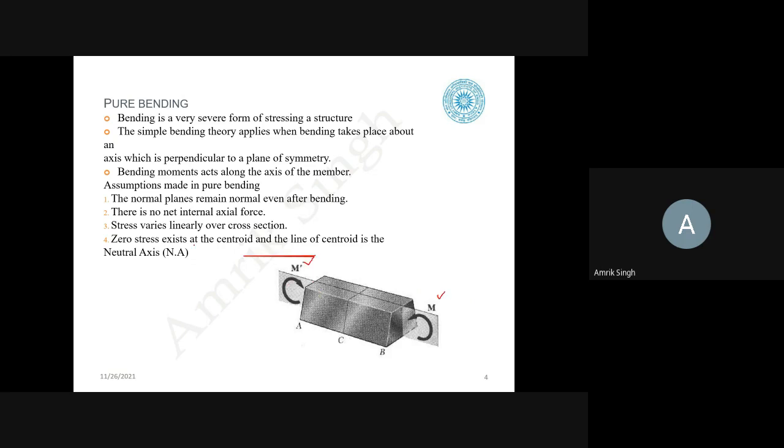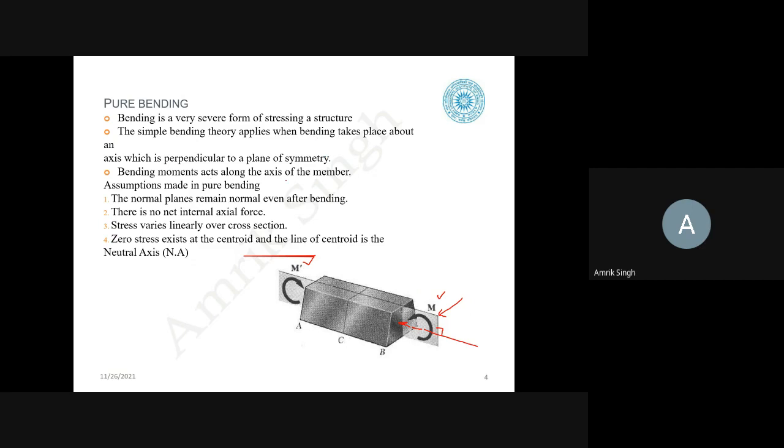So it's a case of pure bending. Bending takes place about the plane which is perpendicular to the neutral axis. If you see, the neutral axis of the beam will be here. So this plane of loading is perpendicular to the neutral axis.